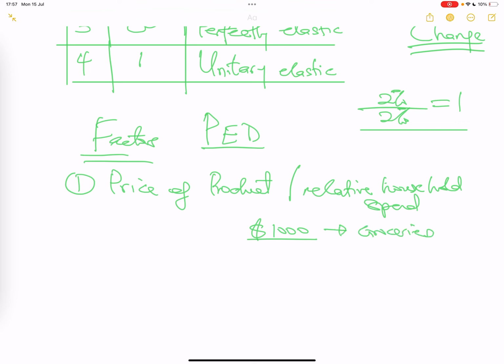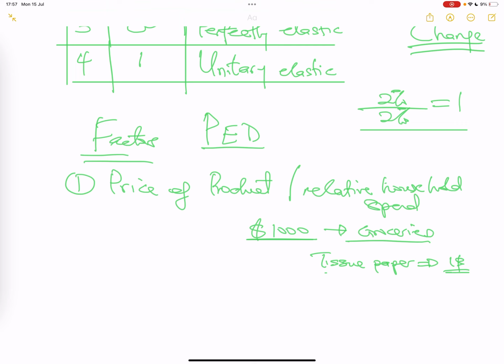One of the things you normally buy as part of your groceries, let's say, is tissue paper. And tissue paper costs just $1. You can see that this $1 is so small compared to the $1,000 you spend in a month. So if the price of tissue paper decides to go up, do you think your demand for tissue paper will change?